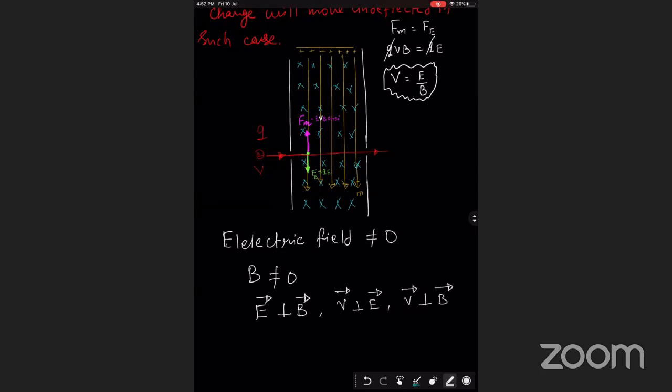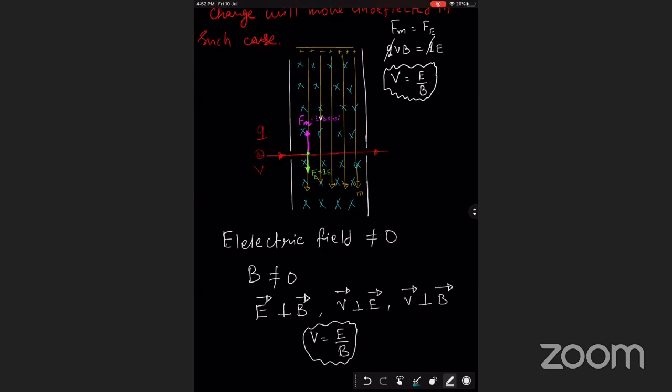There is one more condition: V must be equal to E by B. So these many conditions are required for a charge to move without deflection through a uniform magnetic field. The electric field and magnetic field should be perpendicular to each other, and velocity should be perpendicular to both the electric field and the magnetic field.